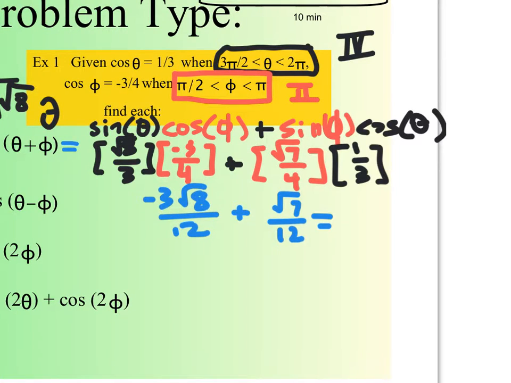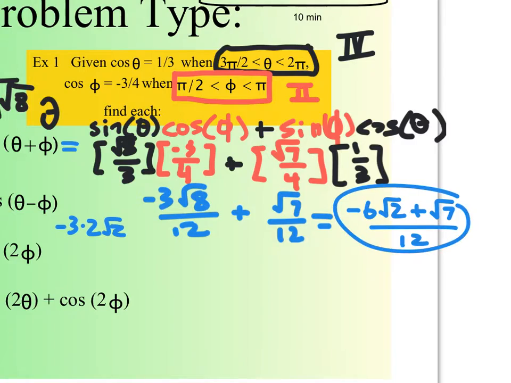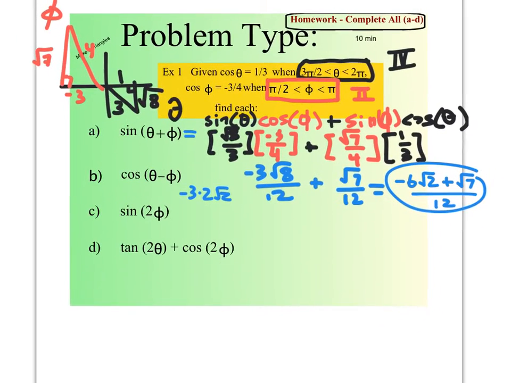I could reduce root 8 to 2 root 2, so let's make it a varsity answer. That'd be negative 3 times 2 root 2, so what we'd have is negative 6 root 2 plus root 7 all over 12. That would be the sine of theta plus phi.